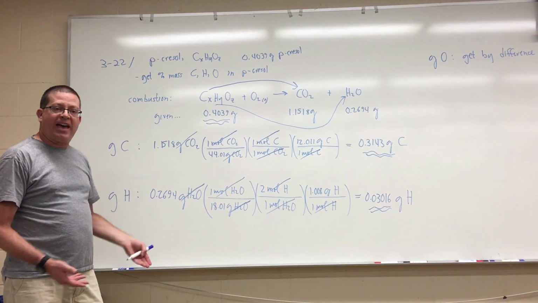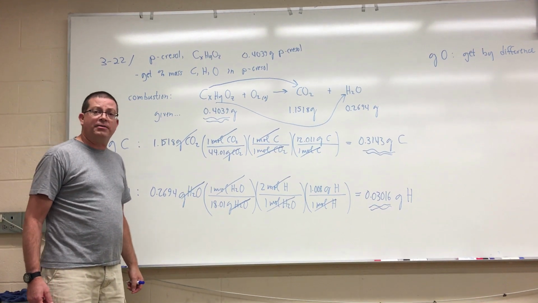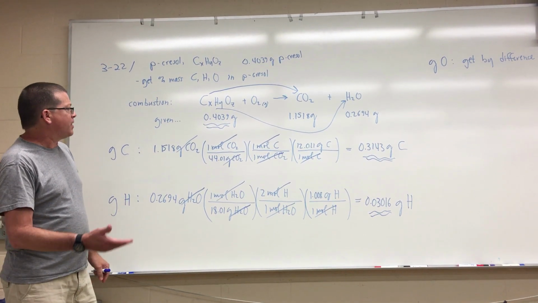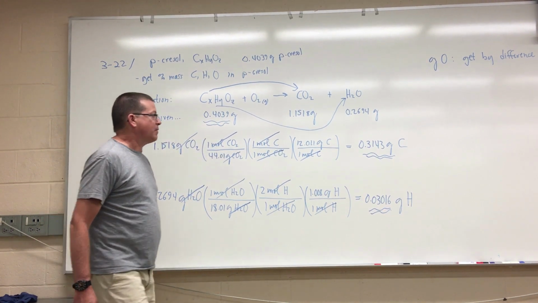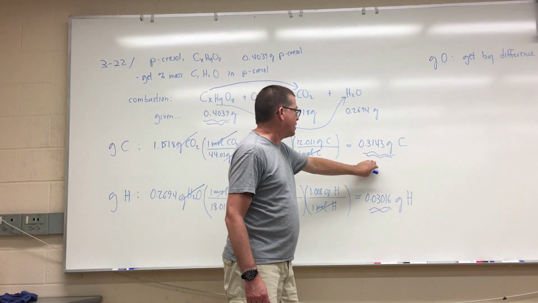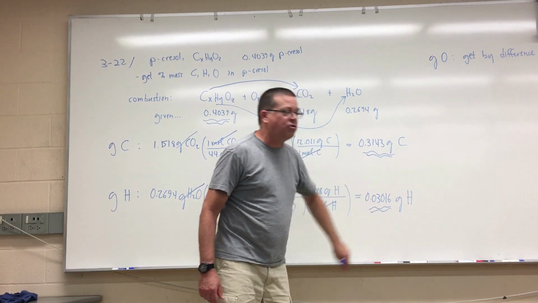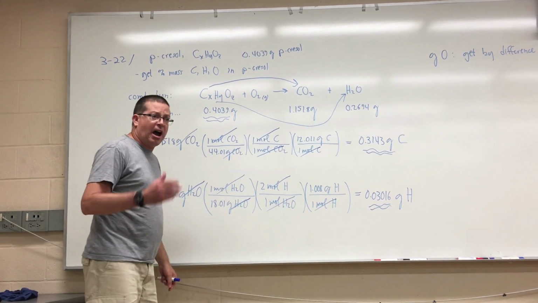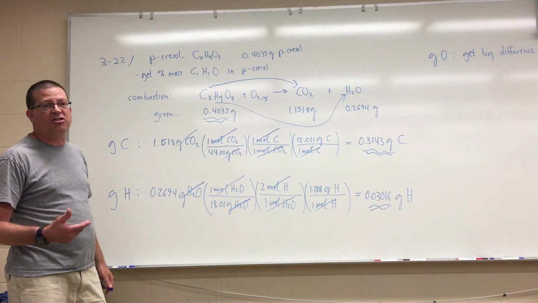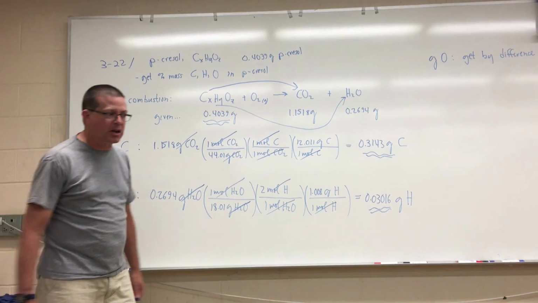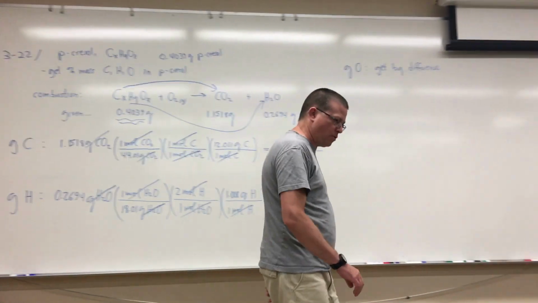That carbon and that hydrogen had to come directly from the compound. All right, so if I have the total mass of the compound, and the mass of the carbon that came from the compound, and the mass of the hydrogen that came from the compound, I ought to, by difference, be able to determine the mass of oxygen that came specifically from the compound.